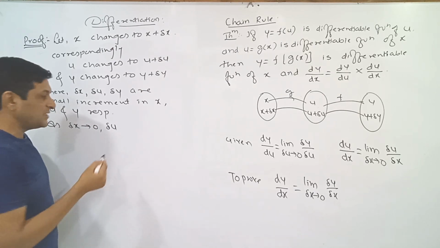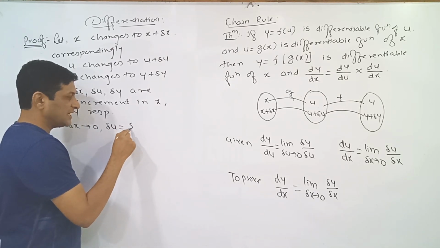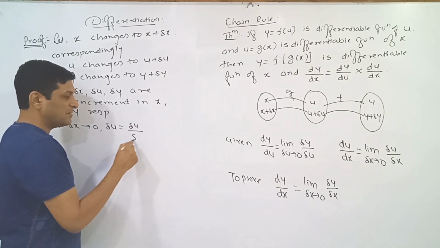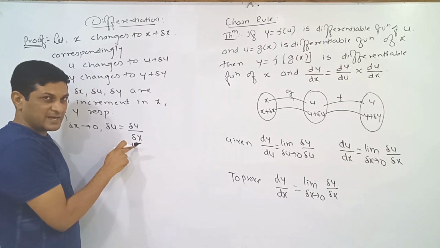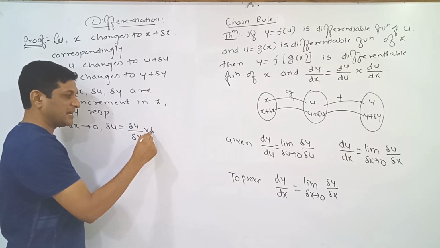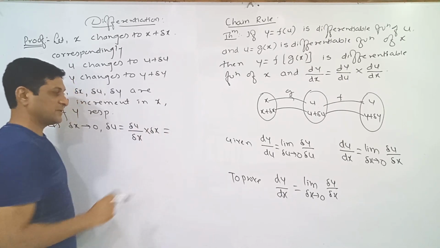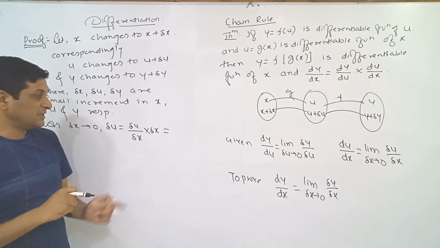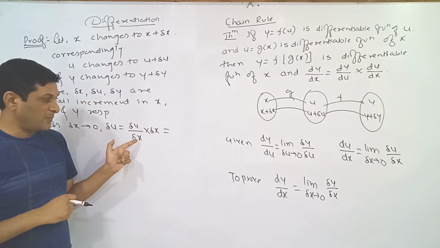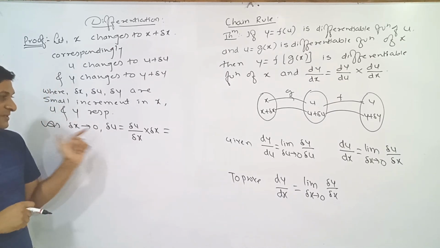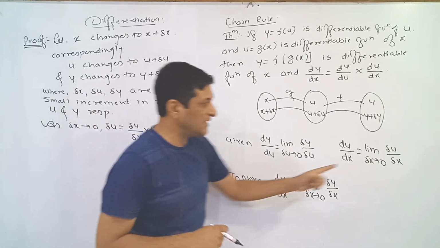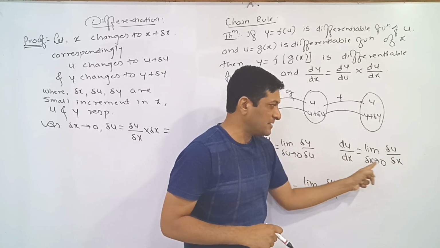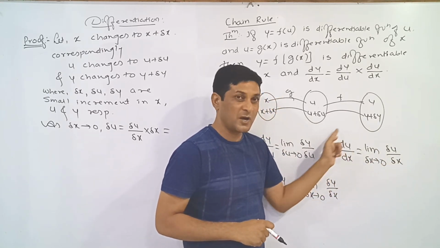Delta u can be written as delta u divided by delta x, multiplied by delta x, since I am dividing by delta x. Now observe the given condition. What is the value of delta u upon delta x as delta x tends to 0? It will be equal to what?